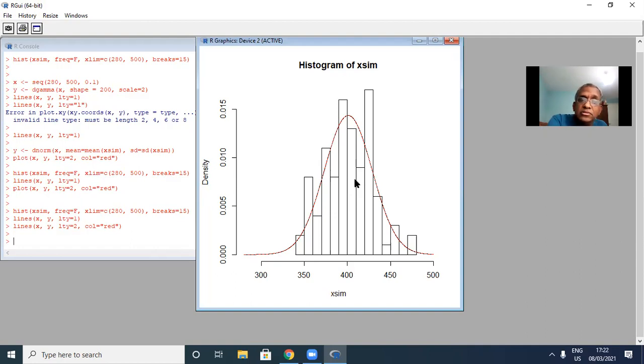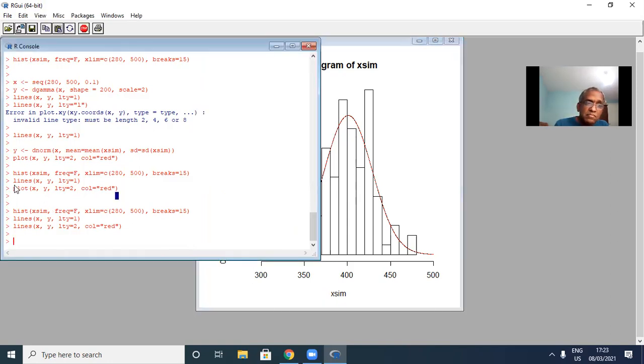Okay, all right. So I'm just trying to explain this figure here, guys. There's a histogram, and on top of the histogram, there are two curves. There's a curve in black, which is the density of the gamma distribution that we simulated from. And there's a curve in red, which we cannot see because they are on top of each other. The curve in red is the density of the normal distribution, with mean equal to the mean of the simulated data and SD equal to the SD of the simulated data.